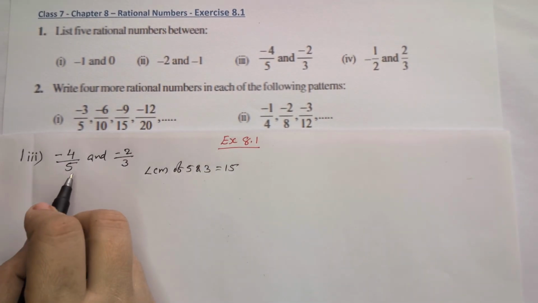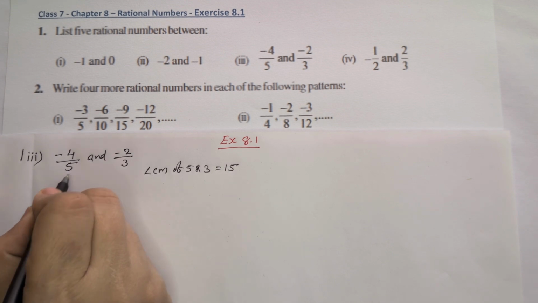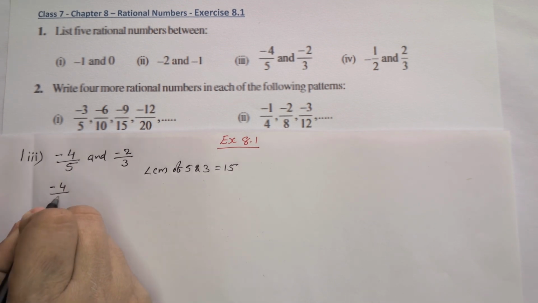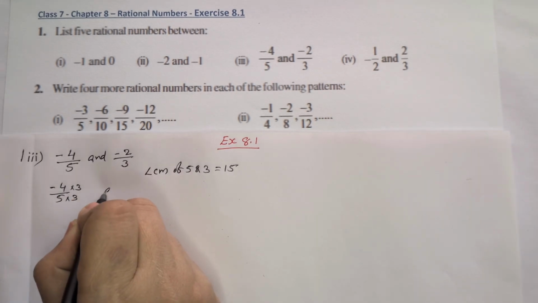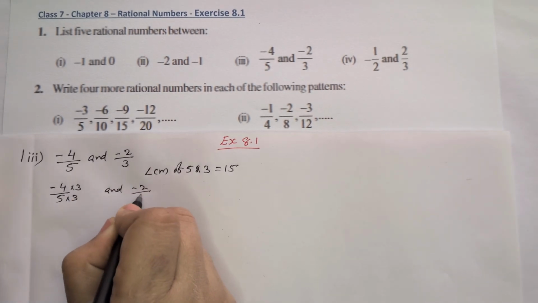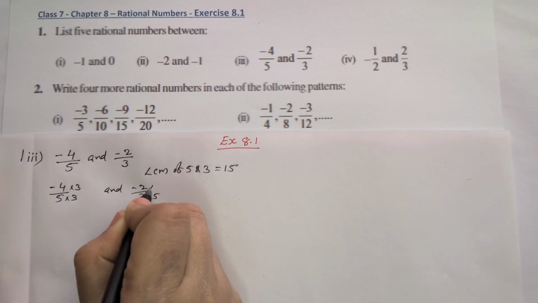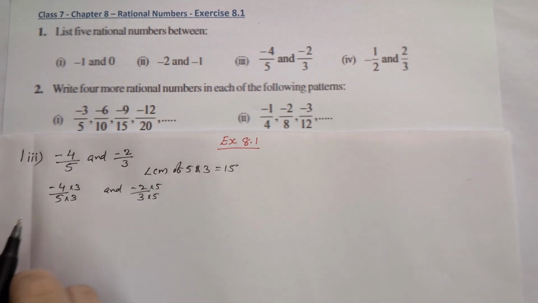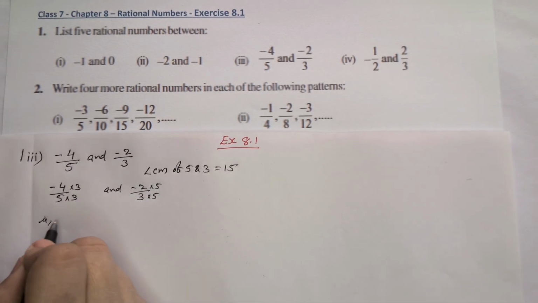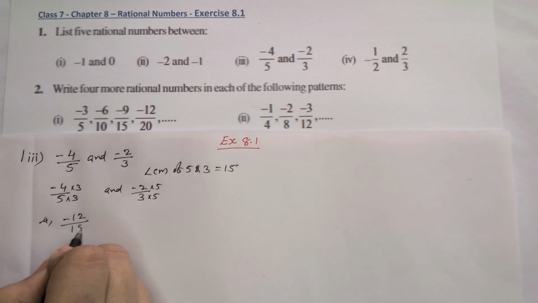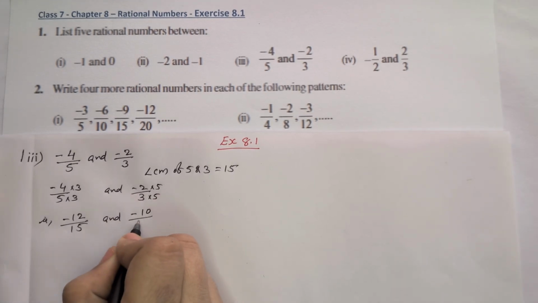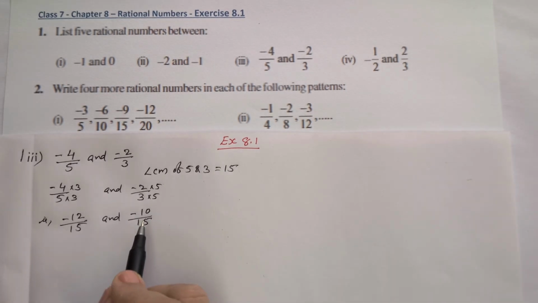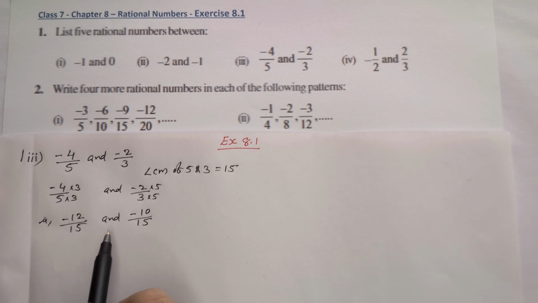So convert the denominator to 15 by multiplying -4 by 5 with 3, and -2 by 3 we have to multiply up and down with 5. Now the denominators are the same. That means -12 by 15 and -10 by 15.